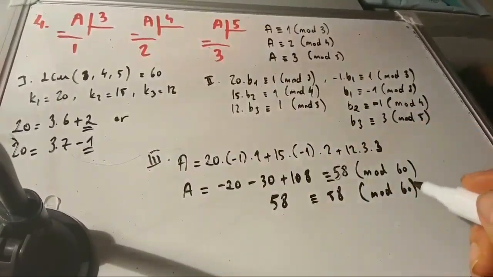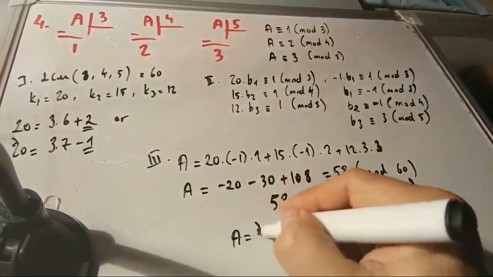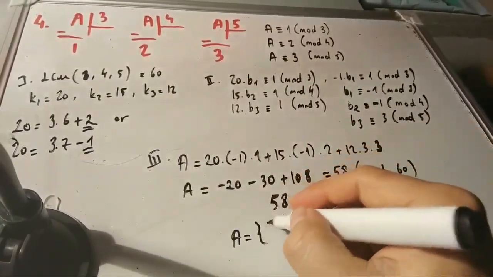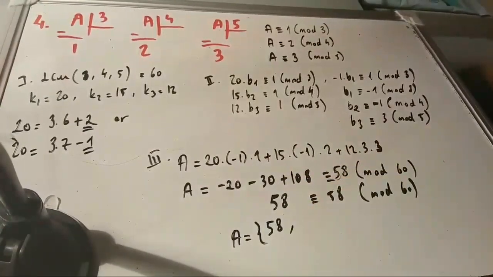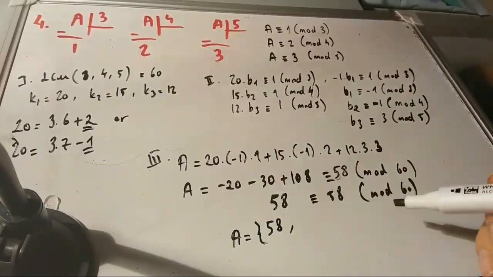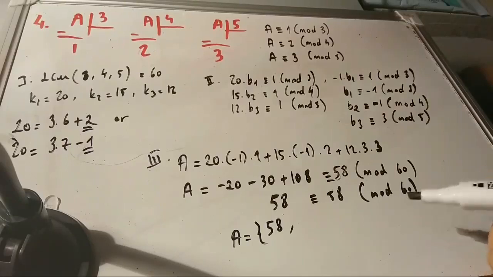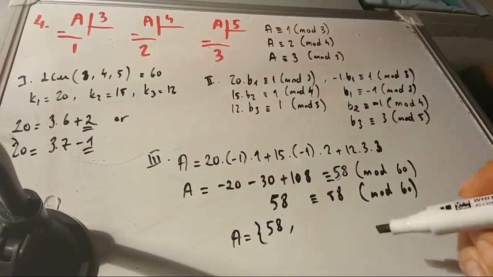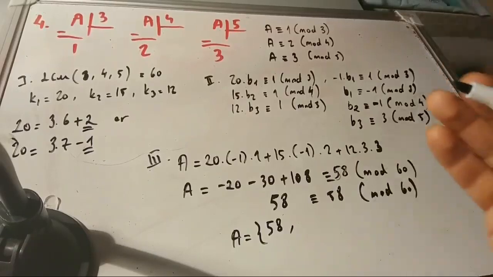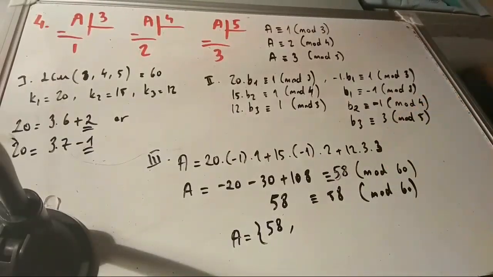So there are actually infinitely many solutions for A, but I will start with the smallest one. What is it? 58. And after that comes 60 times 1 plus 58, which is 118. For each step, we add 60.